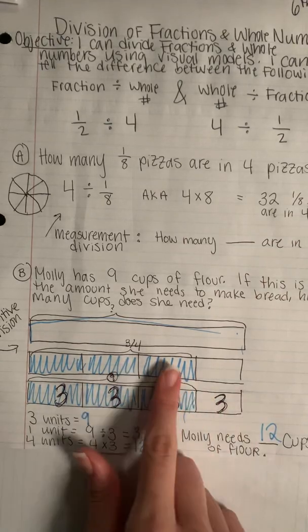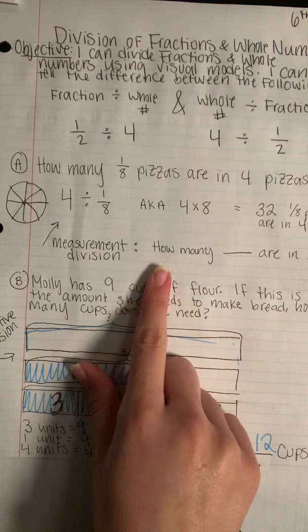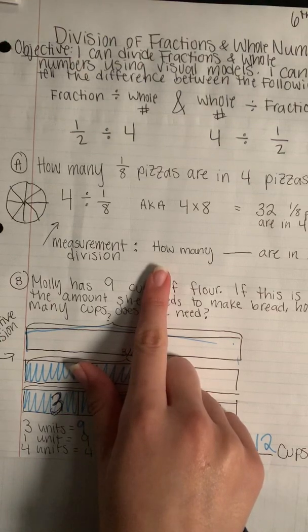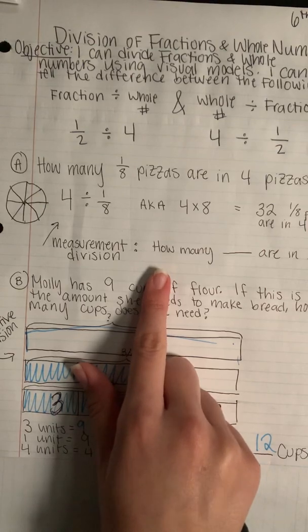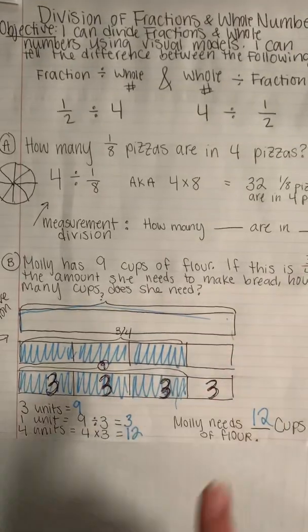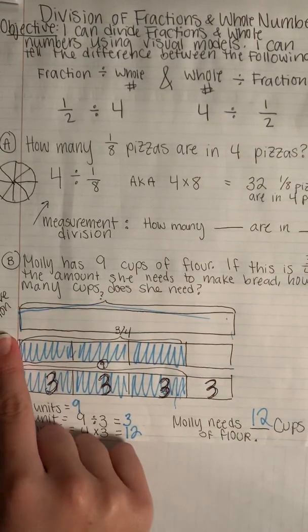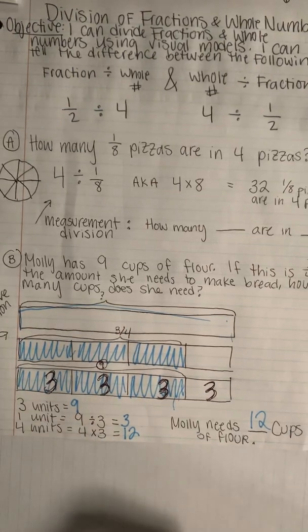In measurement division, just to review, the divisor names the size of the group and the quotient represents the number of groups. So how many blank are in blank? In this partitive division word problem, the divisor represents the number of groups. So in this case, 3/4 of a group, and the quotient tells the size of the group.